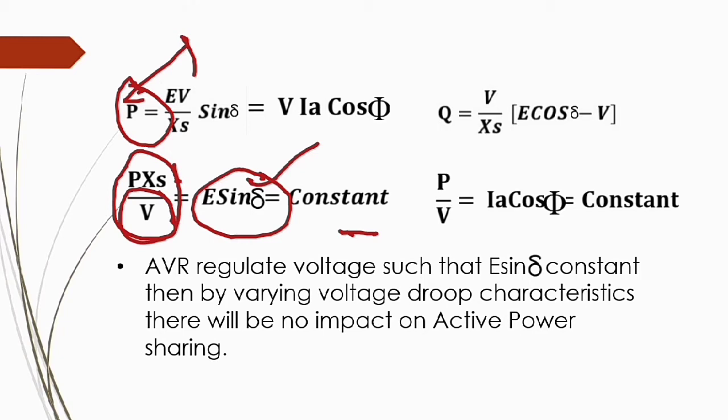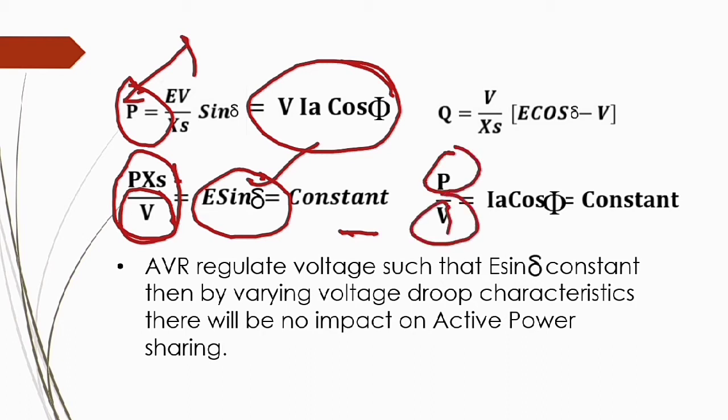And here you see the second equation we have seen, V into IA cos phi. So in terms of power factor, active power will be constant and terminal voltage will be constant when IA cos phi is constant. So these are the things you will have to remember.